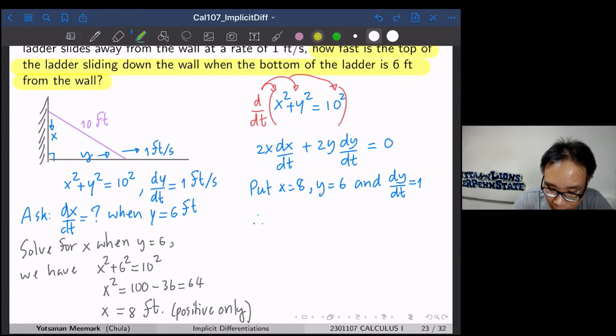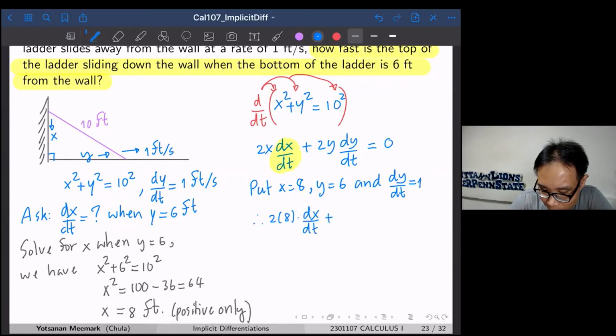Okay, so let me highlight the yellow guy. We are asked for the yellow guy, dx/dt. So it's going to be 2 times 8 times dx/dt plus 2 times 6 times dy/dt, which is 1, equal to 0.